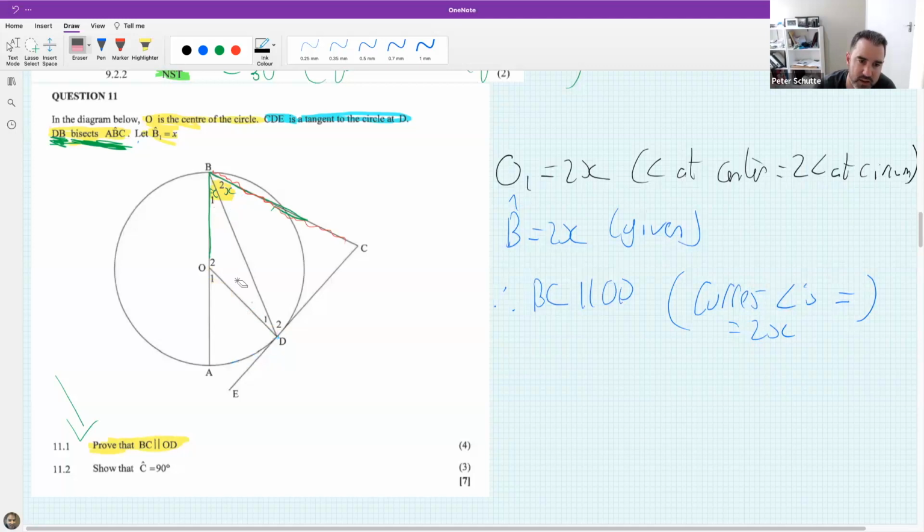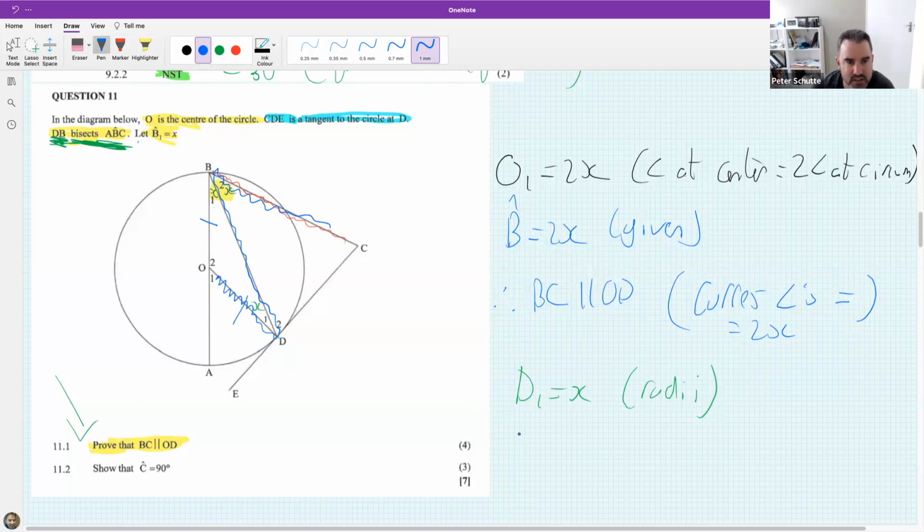So I'll take that 2x out for a moment. If you notice that that is a radii and that is a radii, then this is x. So we would say D1 is x radii, and then we're going to look at the relationship between here and here. Now, what shape?